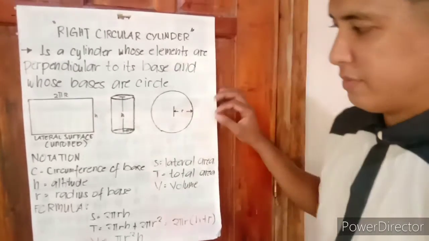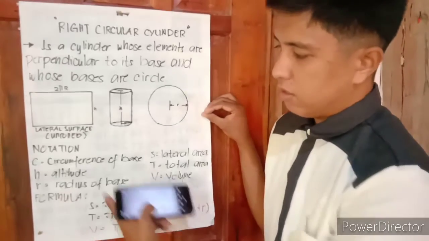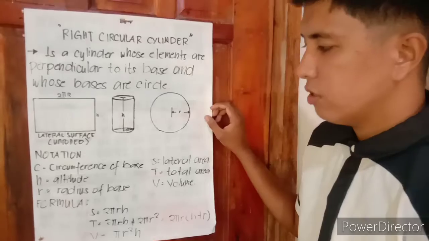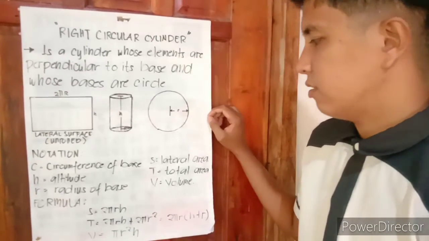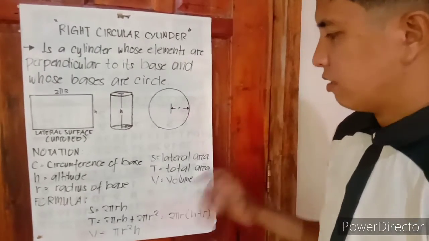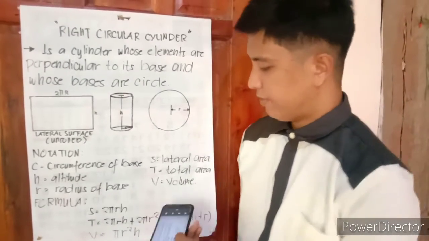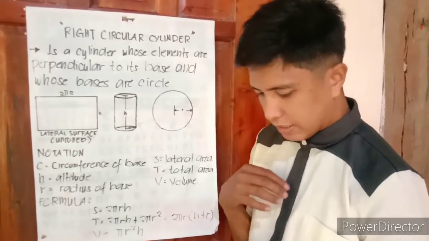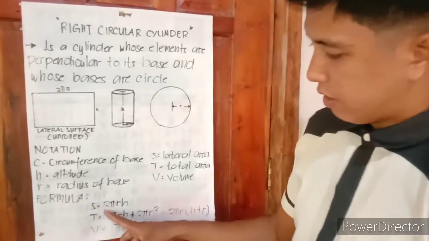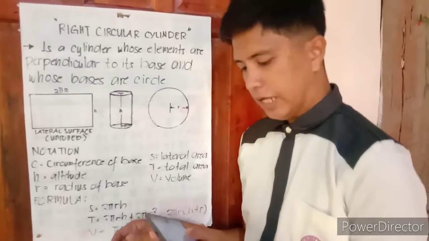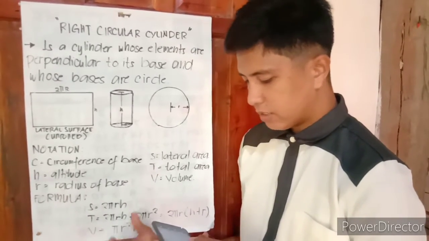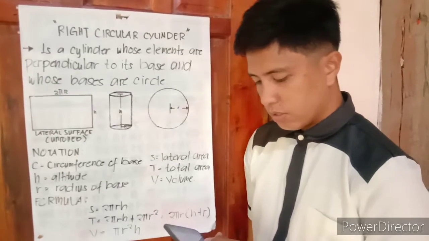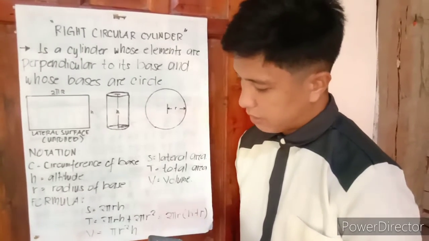So notation: C stands for circumference of base, H is the altitude, R is radius of base, S is lateral area, T is total area, and V is volume. So formulas of right circular cylinder: S equals 2 pi r h, the lateral area of a right circular cylinder, is the product of its altitude and the circumference of its base.